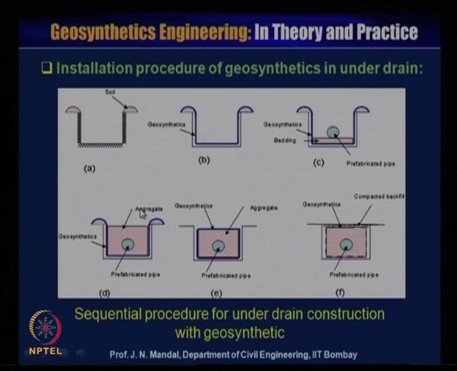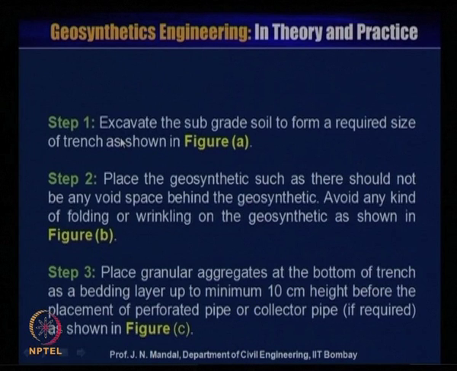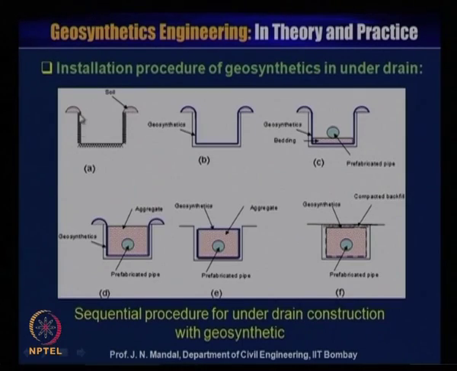Now, in case of drainage, how to install the geosynthetic material. So, the installation procedure of geosynthetics in an under drain. First, you excavate the subgrade soil to form a trench of the required size, as shown. I will show you the sequential procedure for under drain construction with geosynthetic material.